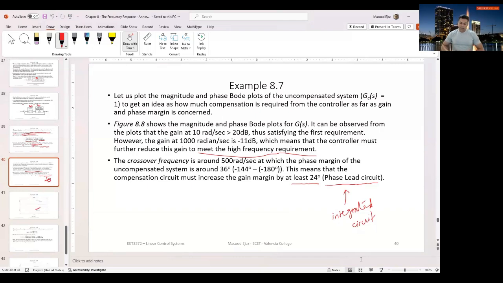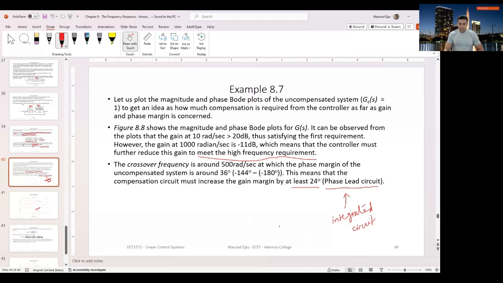Either the output phase is going to be greater than the input phase, which is the phase lead circuit, or the output phase is going to be less than the input phase, which is the phase lag circuit. If you're taking that class next semester, then we're going to discuss those circuits. But we need a phase lead circuit for our controller to increase the phase margin by at least 24 degrees.